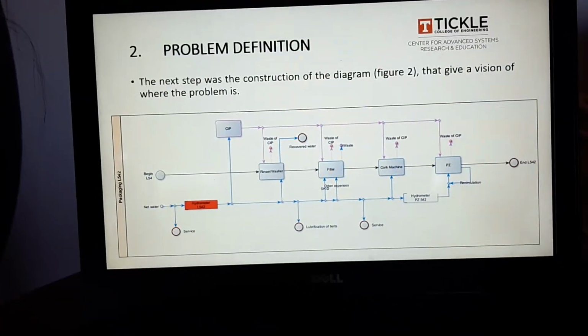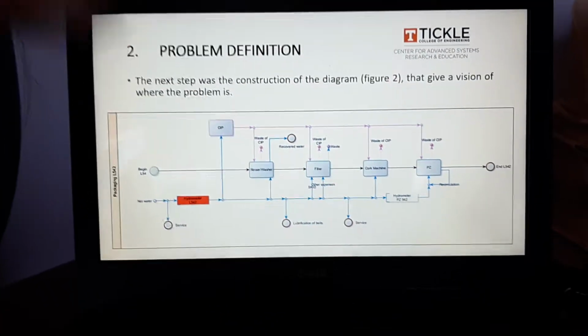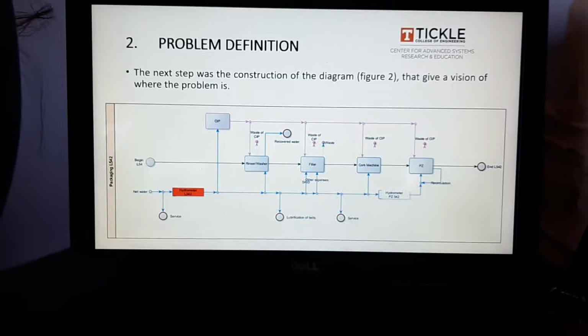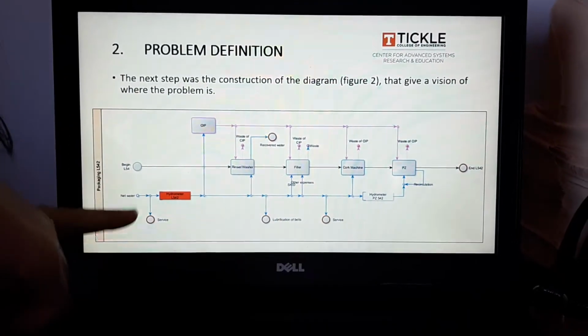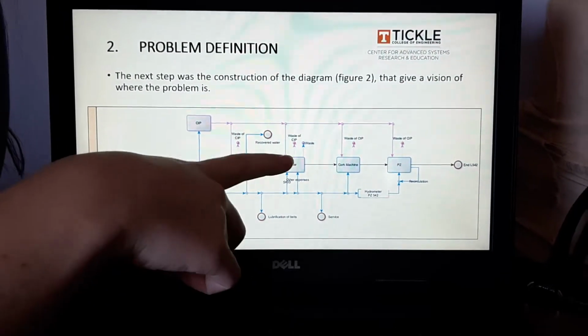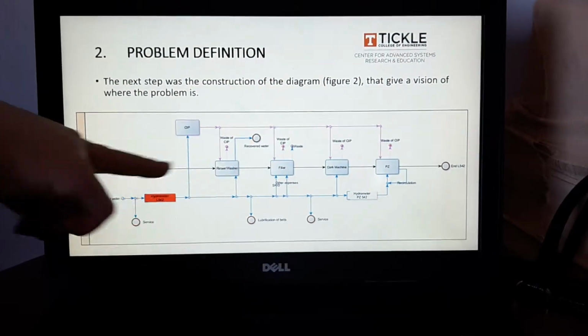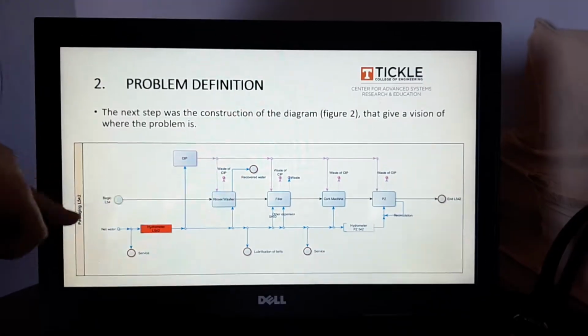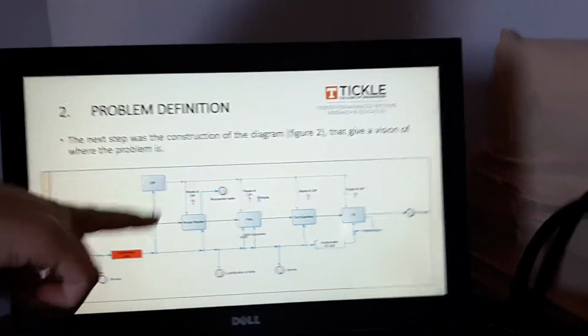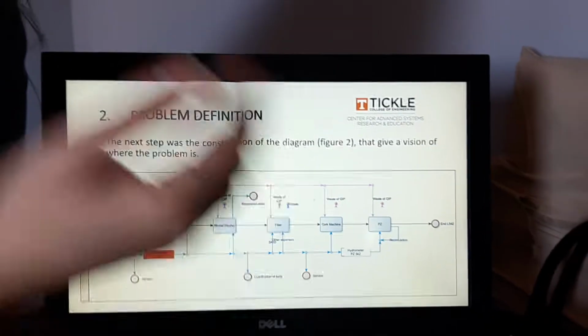So the next step was to construct the diagram of this area, and then we could find that here we have the filler. Here starts the production, the black line is the production, and the blue one is the waterway.